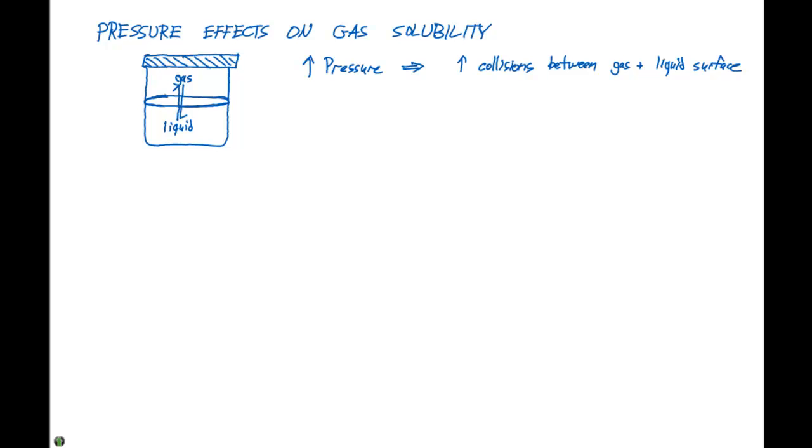So that means when we look at this equilibrium, the rate of the gas to liquid portion of that equilibrium is going to increase. The rate at which the liquid goes into a gas stays the same.